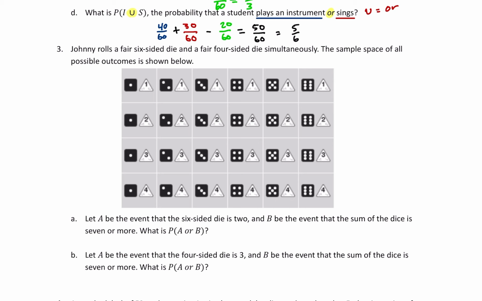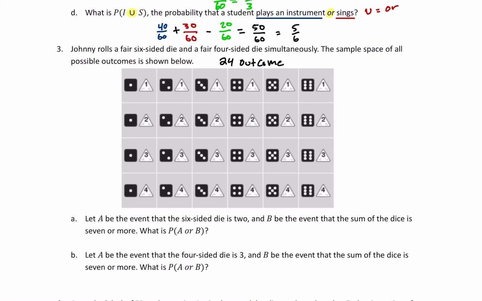I can count up all these boxes: 1, 2, 3, and so on up to 24. So I've got 24 possible outcomes. That will come in handy when making probabilities, because the sample size is the bottom number in our fraction.